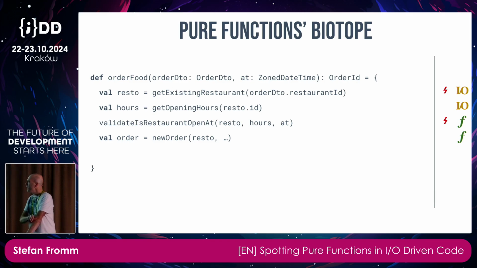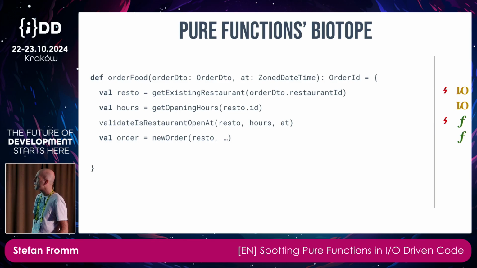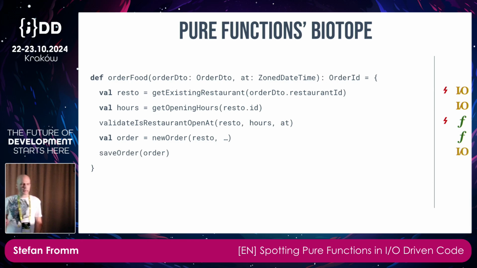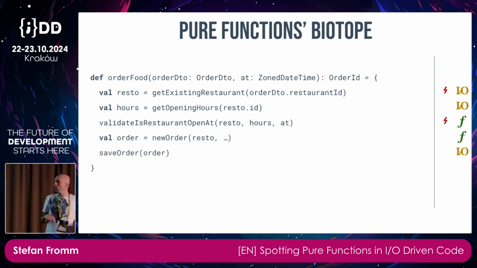And I mark this as a pure function because I don't want it to do IO in this place. This method contains business logic and is thought to just make up the order that I will persist afterwards. Save order will generate the order ID, and this is clearly IO.